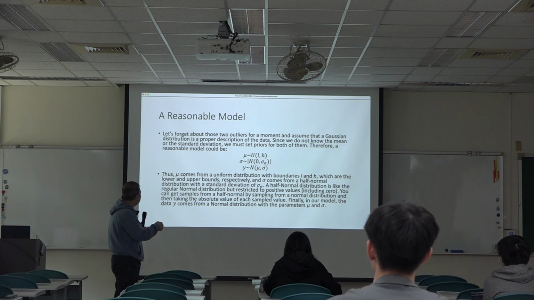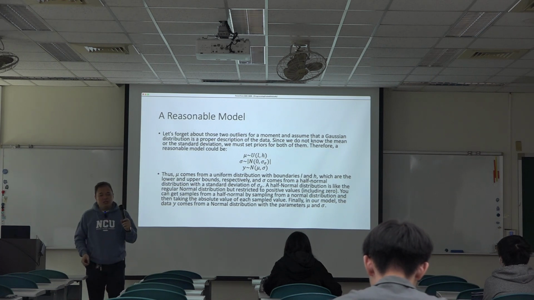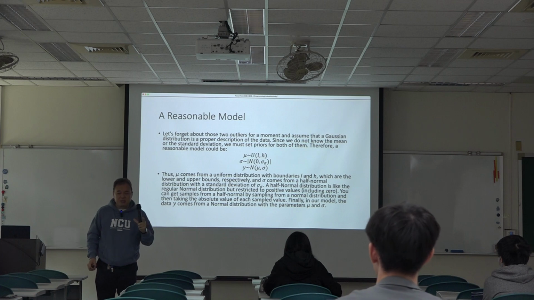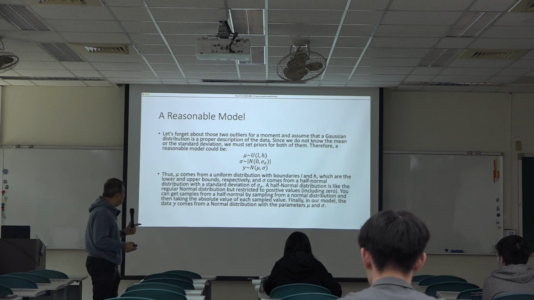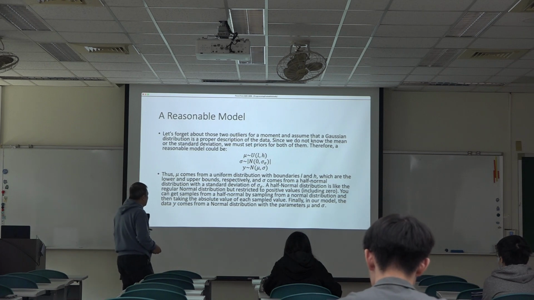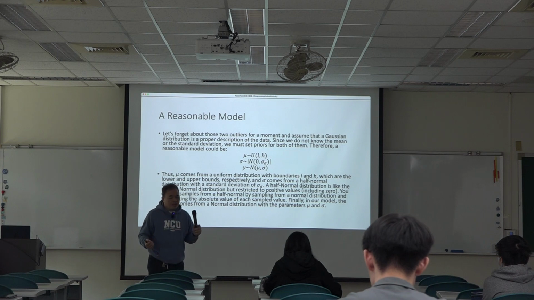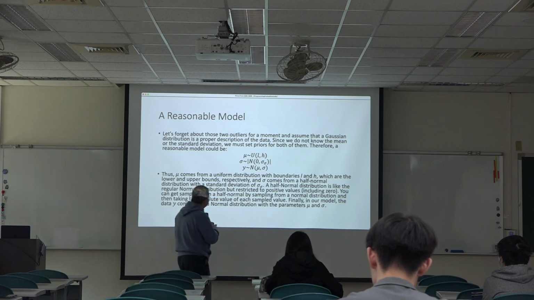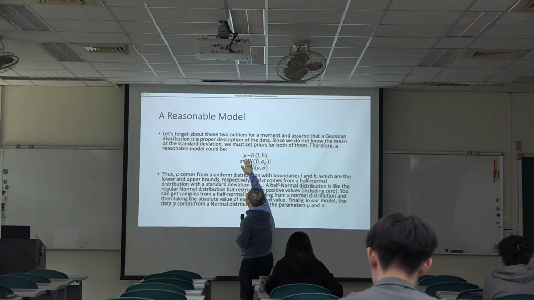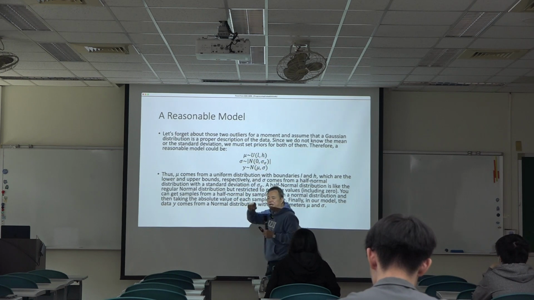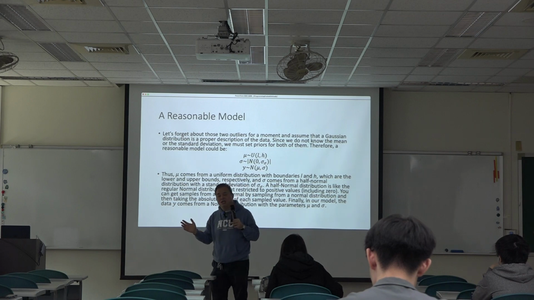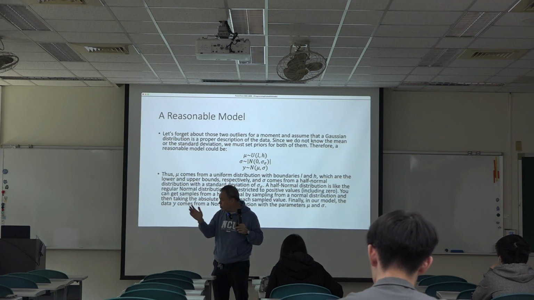We do not know the mean and standard deviation. Remember, the Gaussian distribution has two parameters: one is the mean, one is the standard deviation, right? We don't know what the mean is, and we don't know what the standard deviation is, but we can still model them. The mean can be drawn from a uniform distribution, with l and h representing the lower and upper range of this uniform distribution.